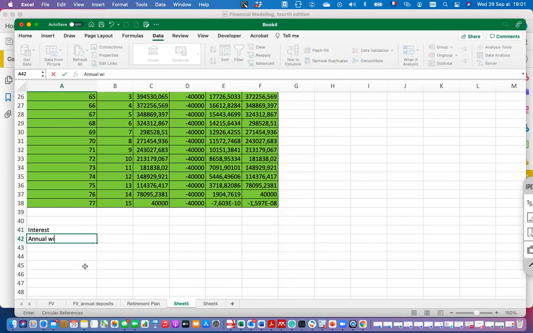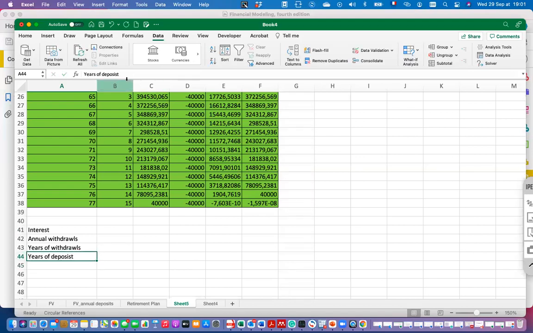Then I have to find the present value of withdrawals, and then I can find the annual deposits.